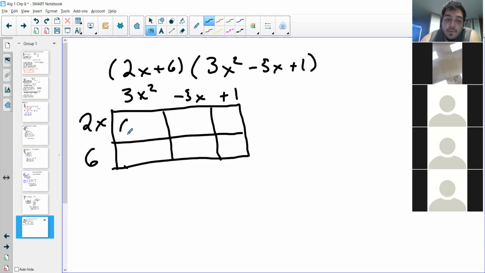This one. 6x to the second times x to the first is x to the third power. Negative 5x times 2x, negative 10x squared. 1 times 2x is 2x.